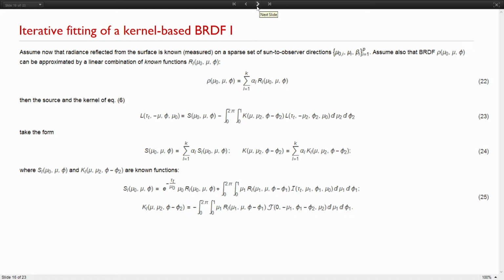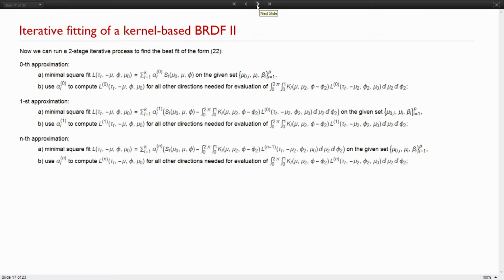All we need to do is to assume that BRDF can be presented as a linear combination of unknown functions, and the problem reduces to the search for the coefficients of this linear form. In this case, source function and kernel function are presented as sums of known functions again.